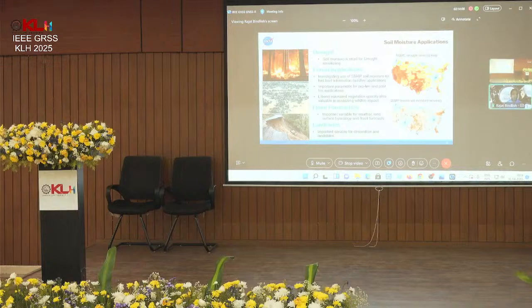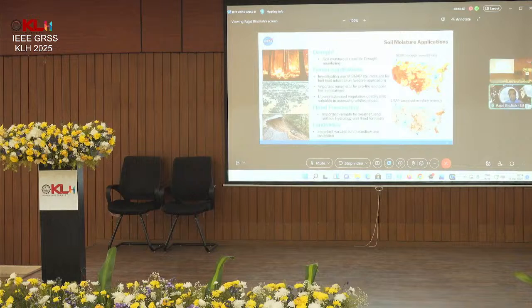Pre-fire, if you have very dry conditions, that will lead to more potential for wildfire. Post-fire, it's very important because wet conditions are what lead to debris flow when there is rain in an area which has suffered wildfire, and that has implications from a water quality standpoint.